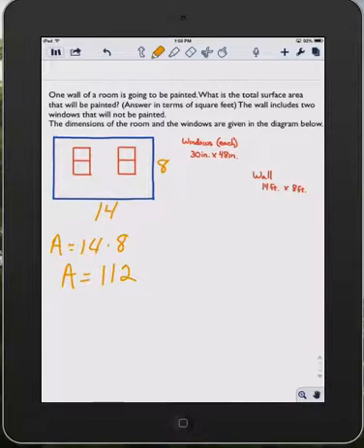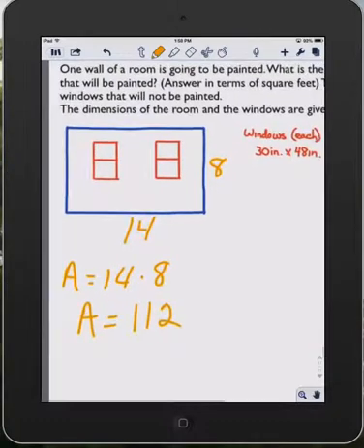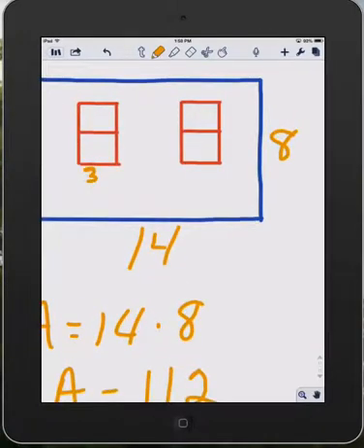But we have to subtract each window. Well, the dimensions for the window are given in terms of inches. So it's 30 inches by 48 inches. We don't want the answer in terms of square inches. We want everything to be in terms of the same unit of measure.